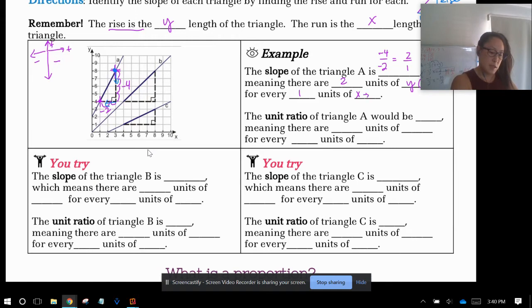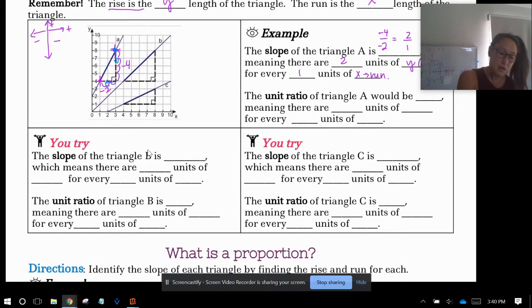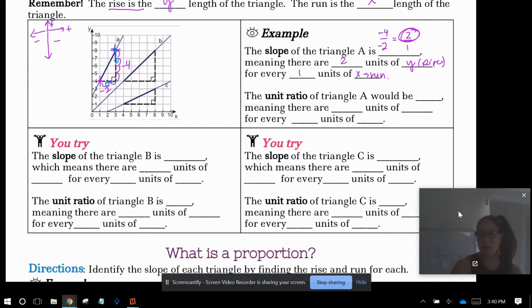Okay, so the unit ratio, I already reduced my fraction. So for every 2 units of rise, I'm changing by 1 unit of run. I'll move my picture on here. Okay, so the unit ratio of the triangle would be 2, just a solid 2, which means that for every 2 units of y, we're moving 1 unit of x.